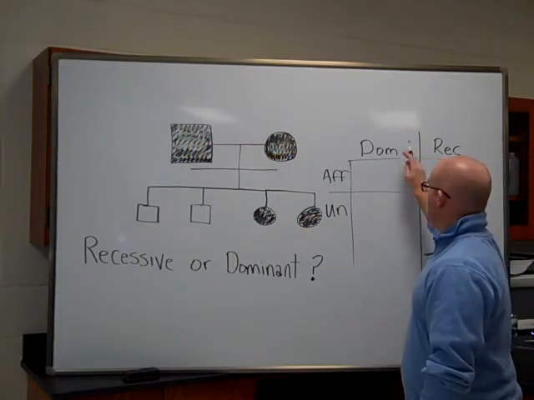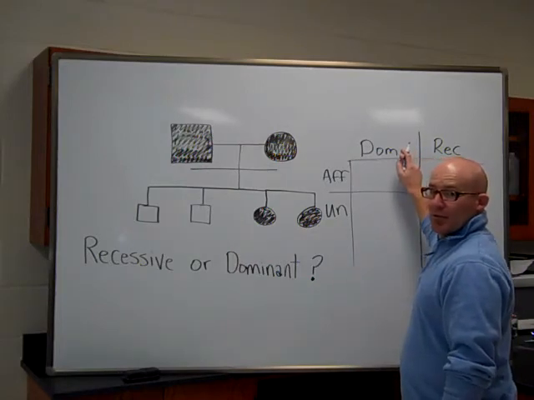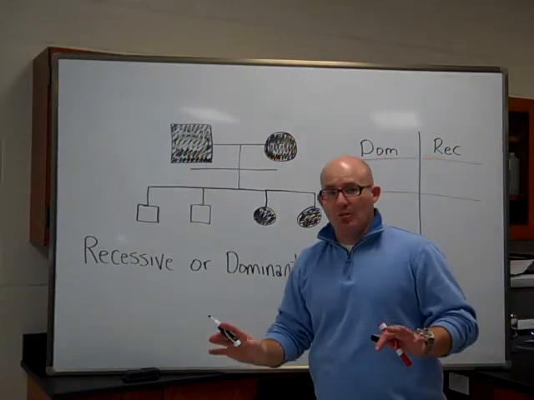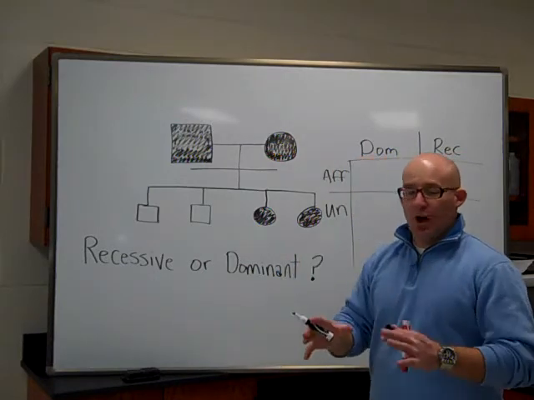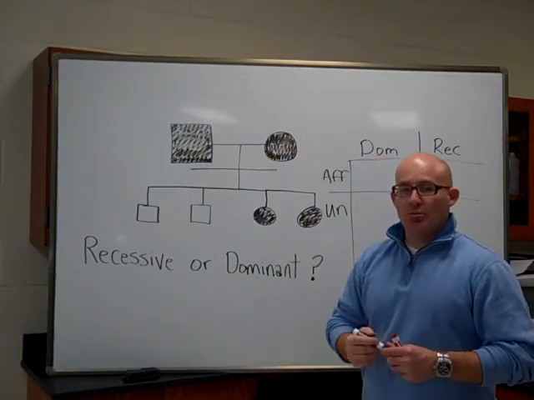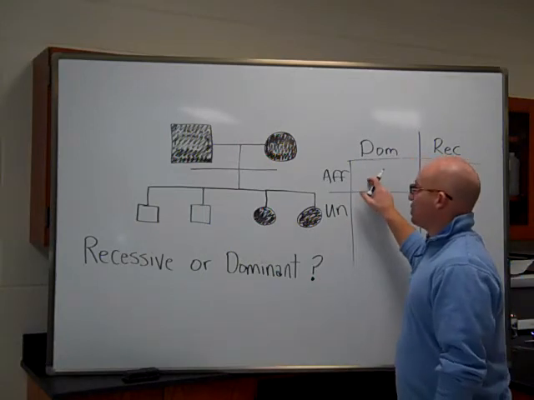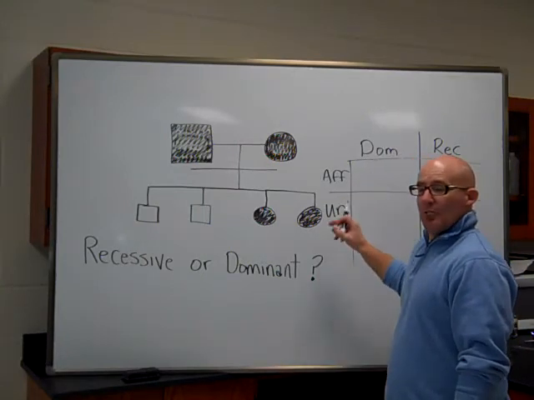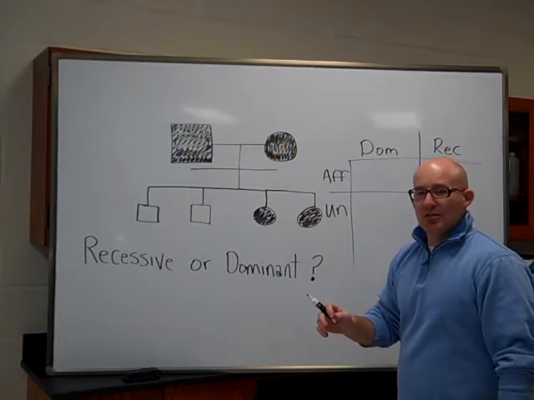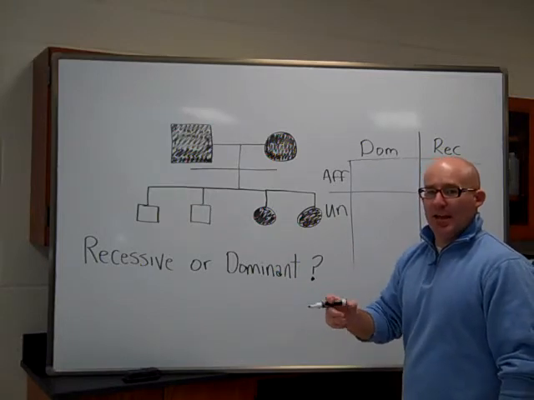If it's a dominant trait, so we're not talking sex-linked here at all, we're just saying regular dominance versus recessiveness, autosomal. If it's a dominant trait and a person is affected, we have to ask ourselves, what genotypes can they have?